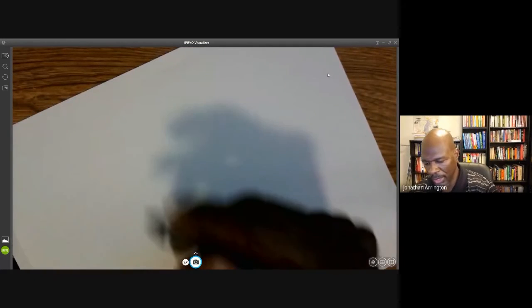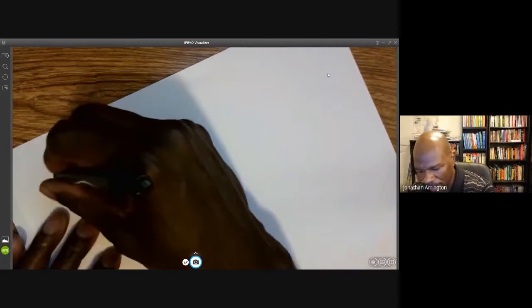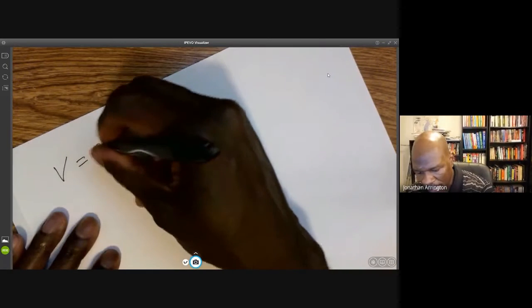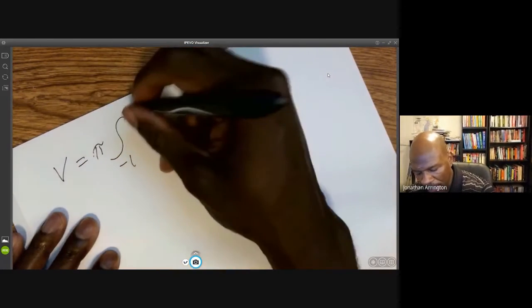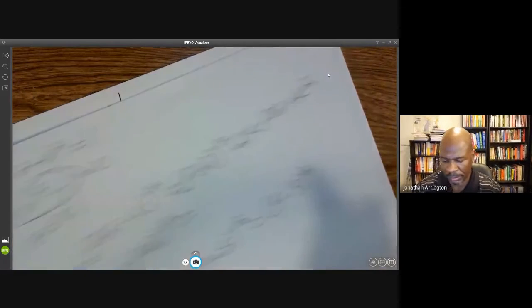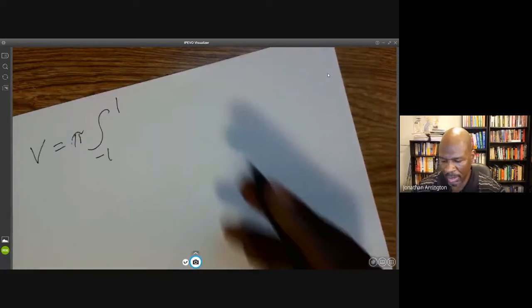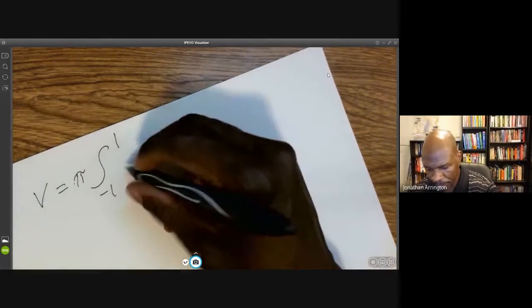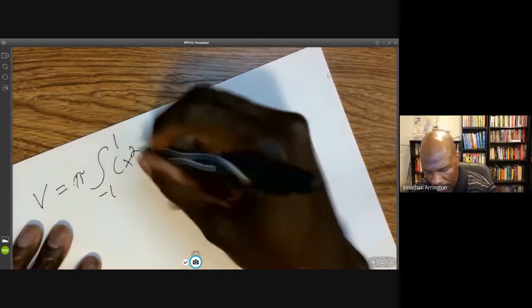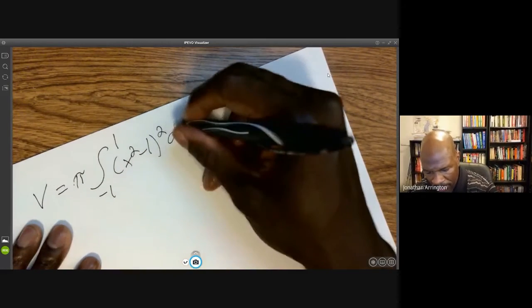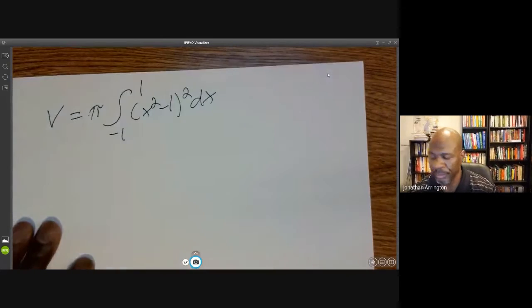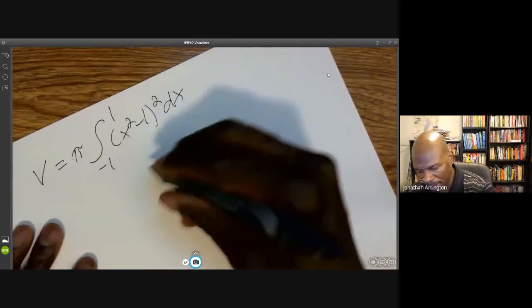All right. So I'm trying to integrate. So the volume, rather, is pi times the integral from -1 to 1 of this guy right here, x squared minus 1 squared dx. All right, so let's go ahead and expand this.